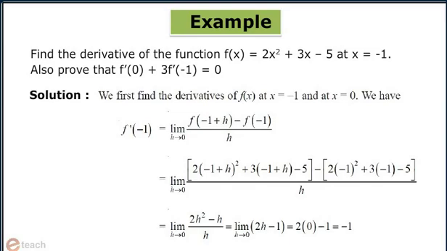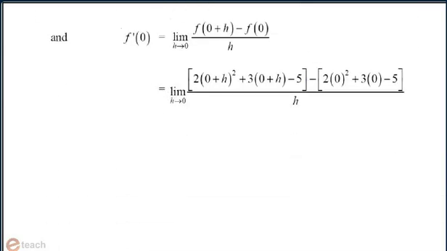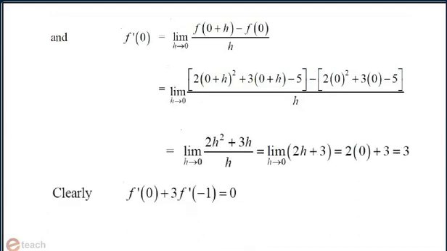Then, using the first definition of derivative, putting the values in the equation of function f, and finally on simplification, we get the result as minus 1. Similarly, we find f dash 0, which comes out to be 3. Therefore, clearly f dash 0 plus 3 f dash minus 1 equals 0. Hence proved.